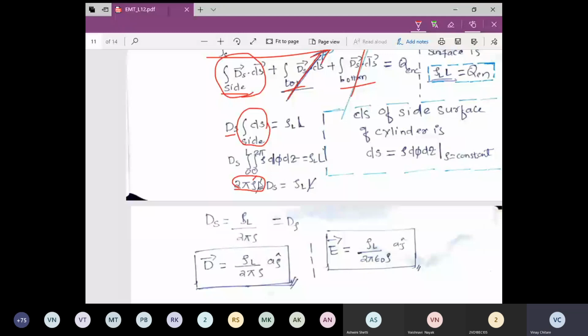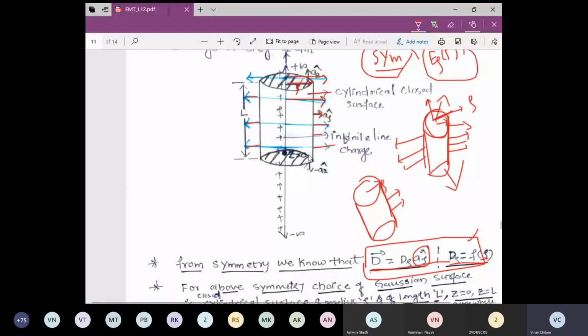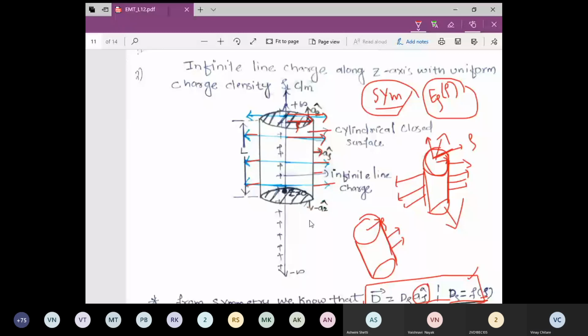Now the next part is we need to find the charge enclosed. So can anyone tell me what is the charge enclosed inside this Gaussian surface? We have a line charge with a line charge density of rho L coulomb per meter. Rho L into L. Yes, very good.